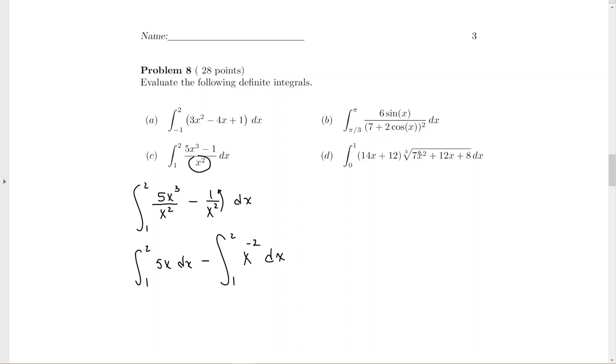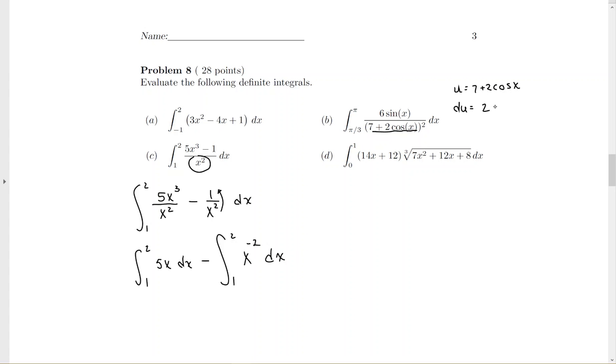These next two look a lot like something that needs to have a substitution going on. So again, if I were a guessing person and not looking at the answer, I'm looking at this function here is inside of a square. So that's probably what I would let u equal. Not the square though, just what's inside. Then take the derivative of that. Derivative of 7 is gone, so it's 2.